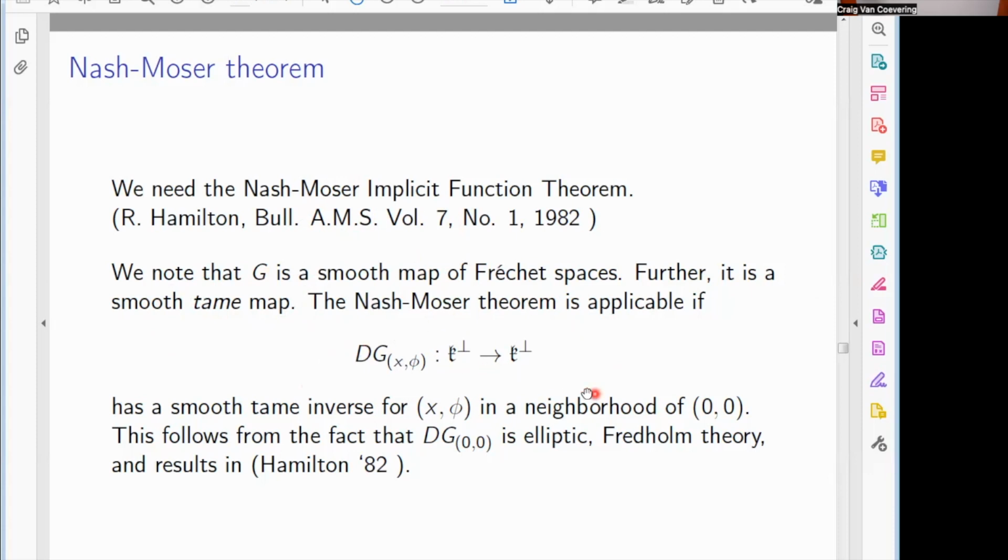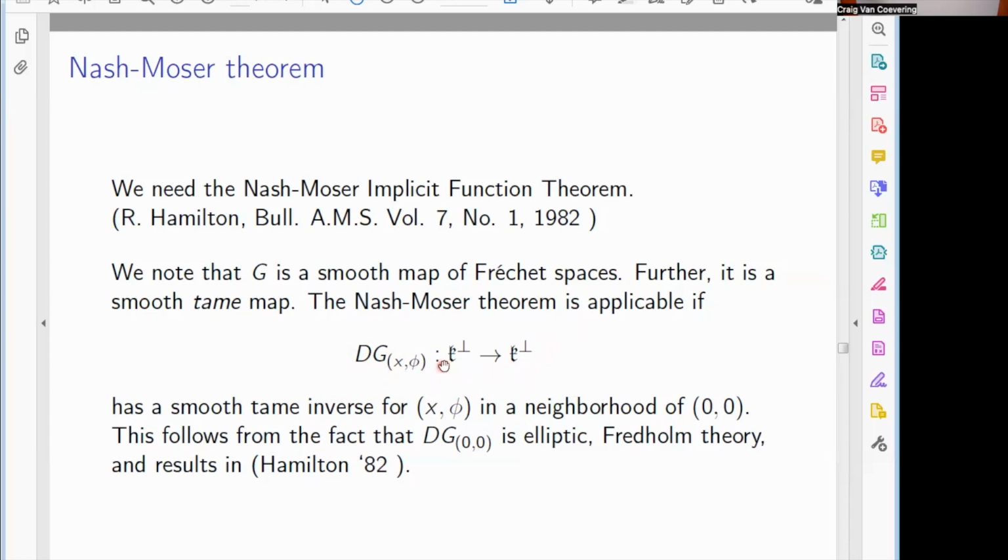And you also have to show that the derivative is invertible in a neighborhood of the origin, not just at the origin. But this can be done because this is an elliptic operator that's invertible at the origin. So X would be J0 and phi would be 0.